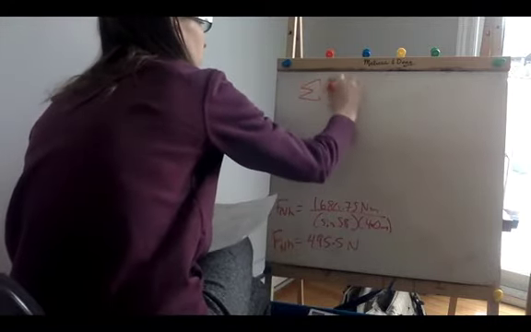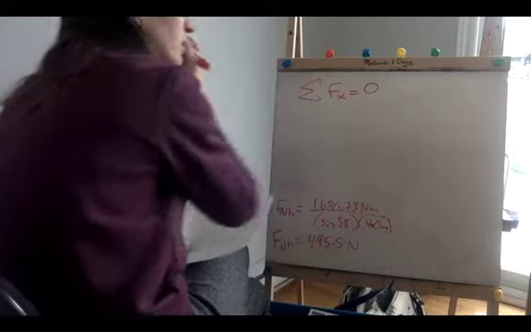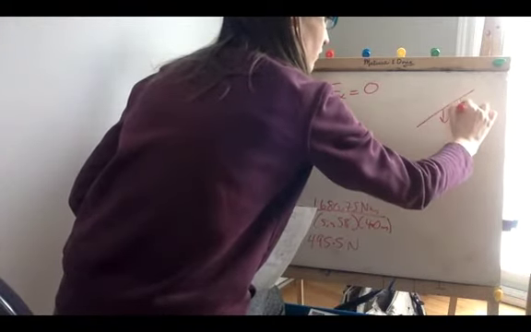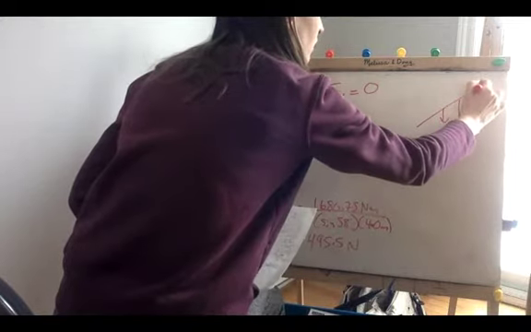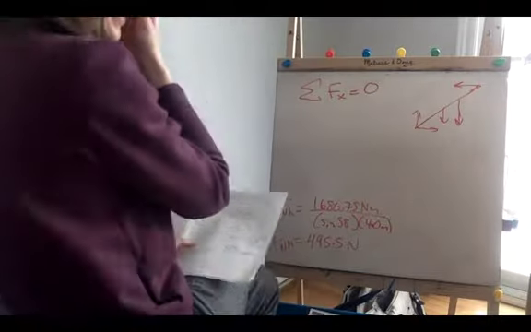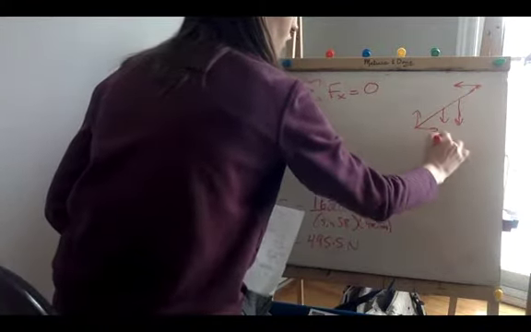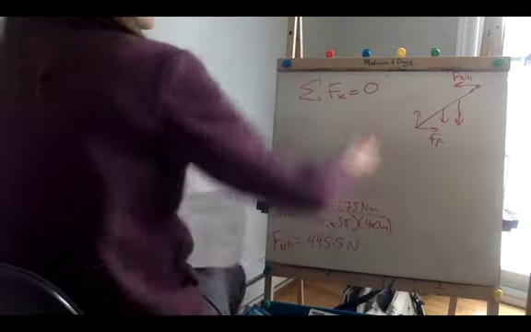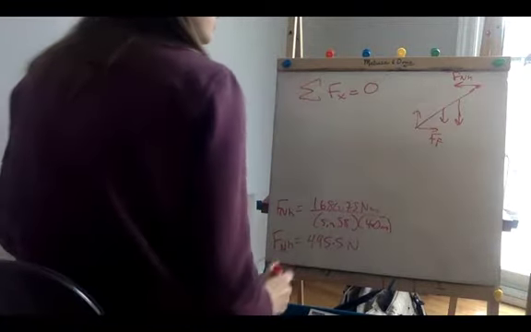Okay, so now I need the sum of the forces acting in the X to equal 0. Again, from our basic diagram, there was one going down, this one was also going down, this was going out, this was going out, this was going up. So the only forces actually acting in the X here are this one, our force of friction, and our normal force to the house. So the sum of these two things needs to equal 0.